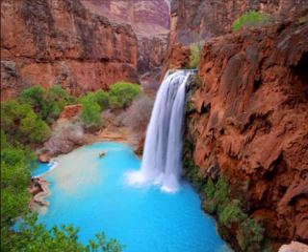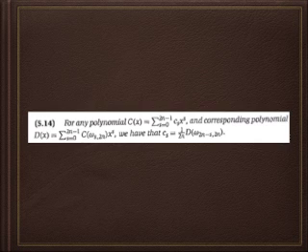We sum this up as follows. For any polynomial c of x equal to the summation of cs times x to the s, summing with s from 0 to 2n minus 1, and the corresponding polynomial d of x equal to the summation of c of omega s to n times x to the s, summing with s from 0 to 2n minus 1, we have that cs equals 1 over 2n times d of omega 2n minus s to n.